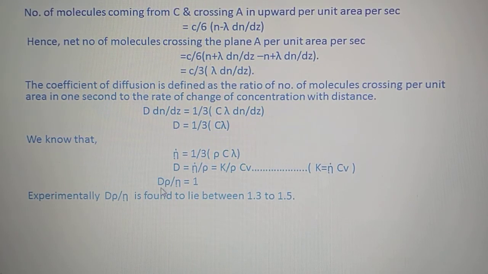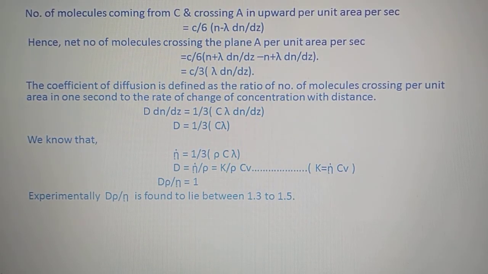D is the coefficient of diffusion, rho is the density, and eta is the coefficient of viscosity, right? Experimentally, this value D rho by eta is found to lie between 1.3 and 1.5. So this is all about the coefficient of diffusion.